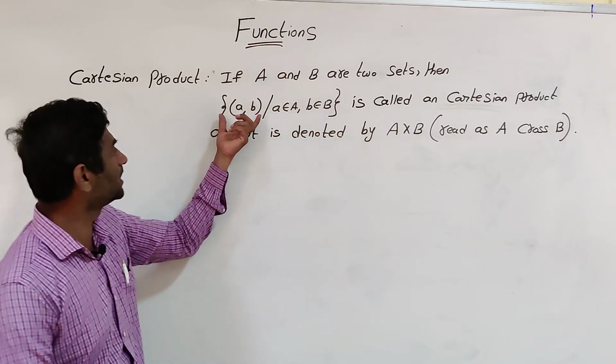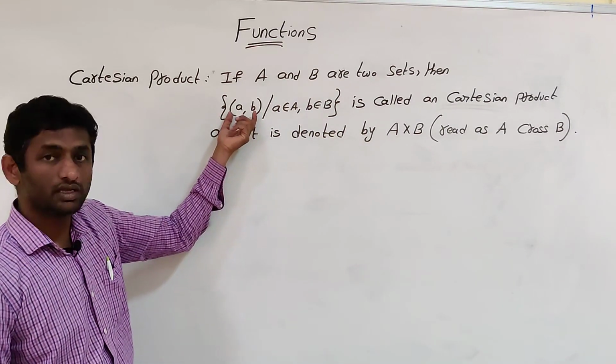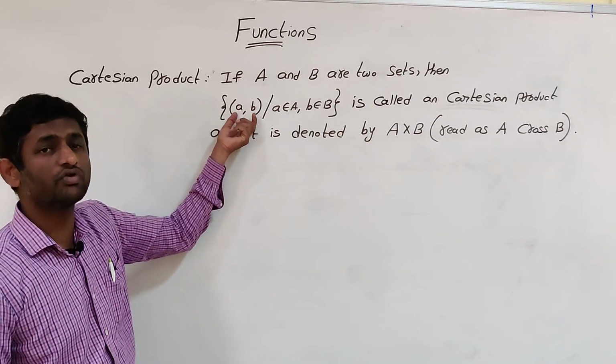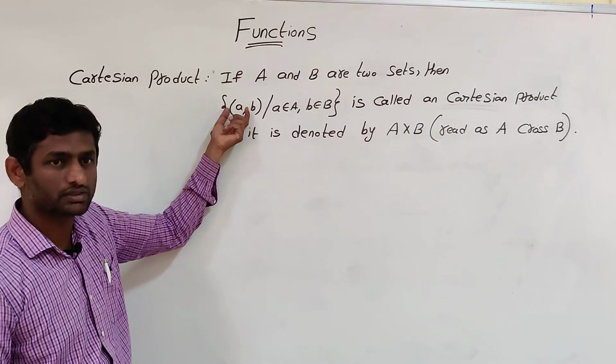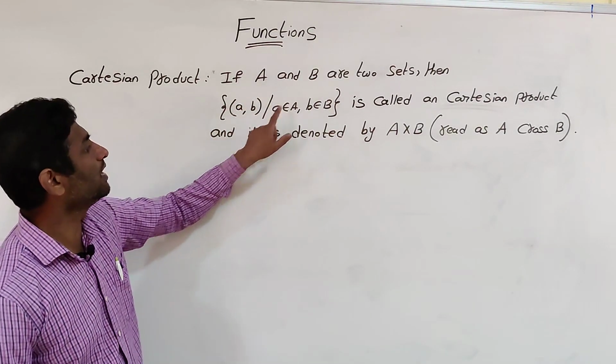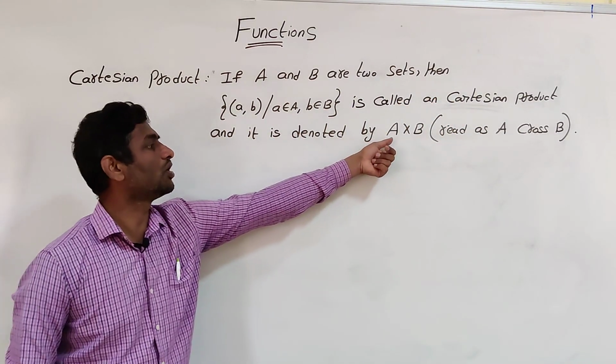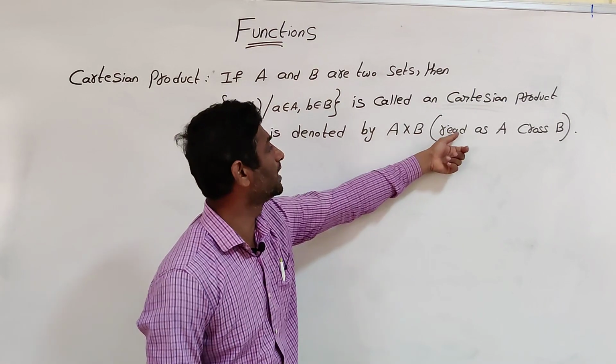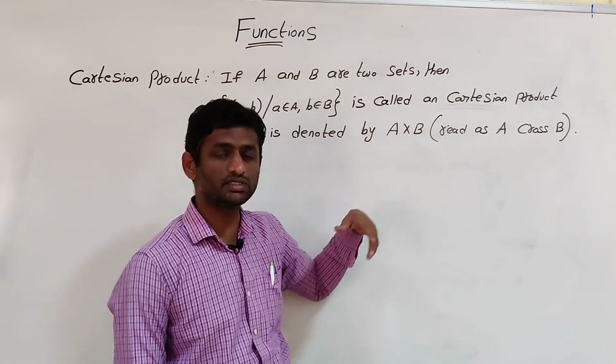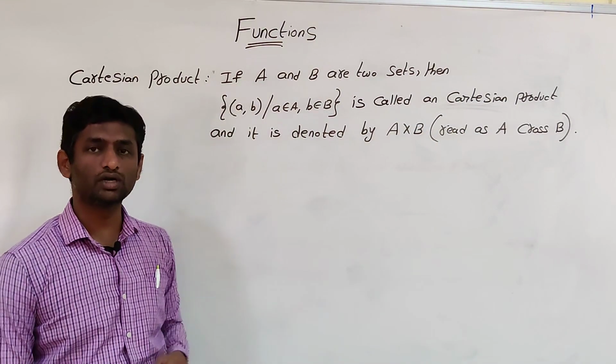It is a set consisting of all ordered pairs, and it is denoted by A cross B. It means we have to collect all the ordered pairs.